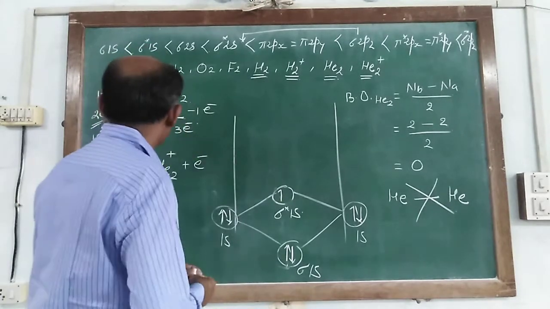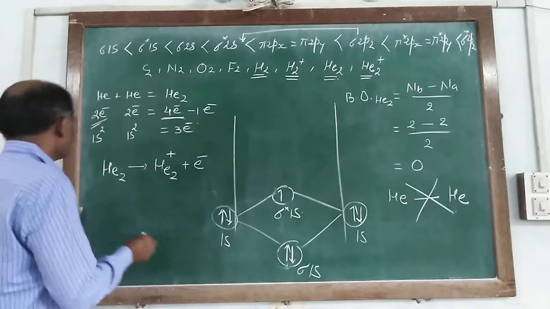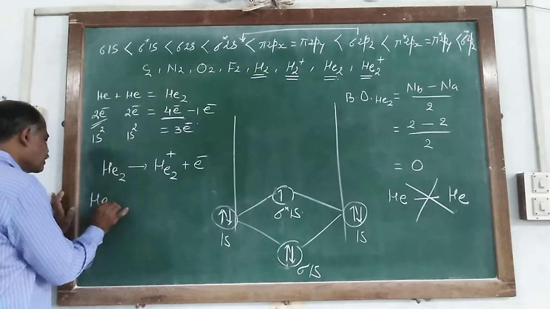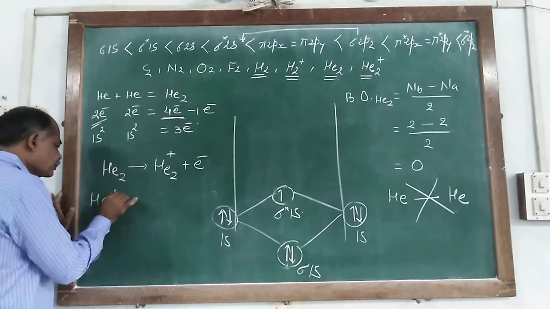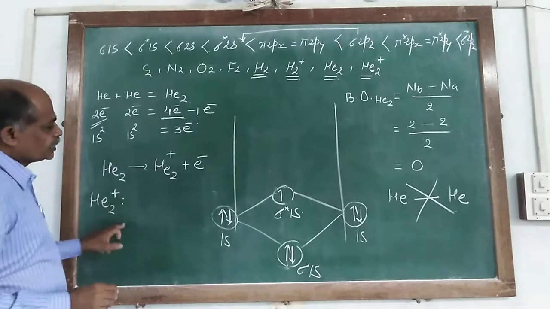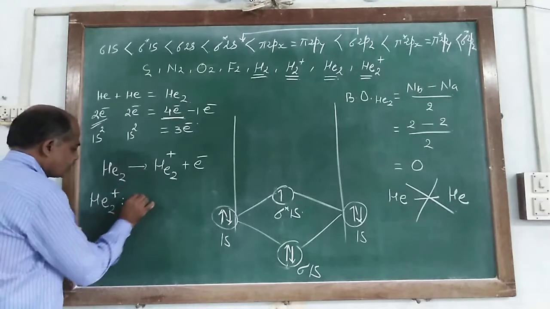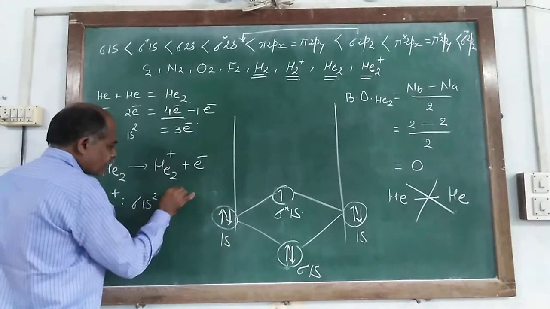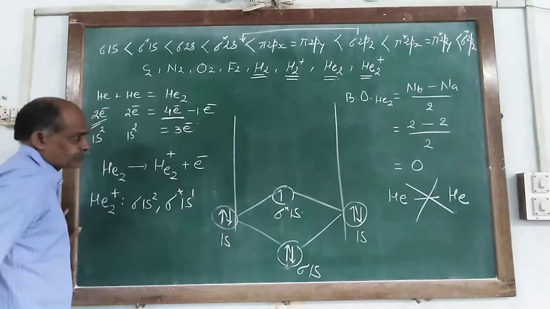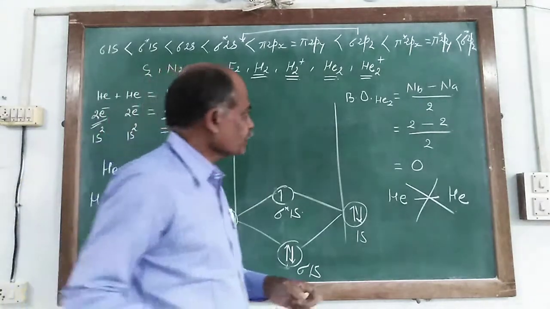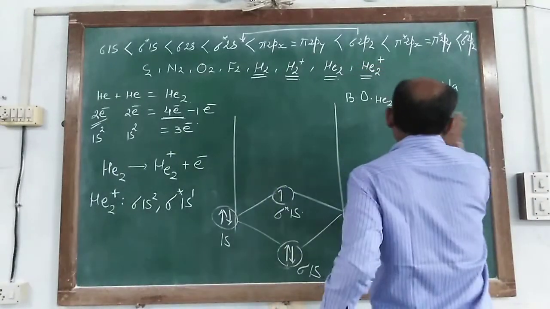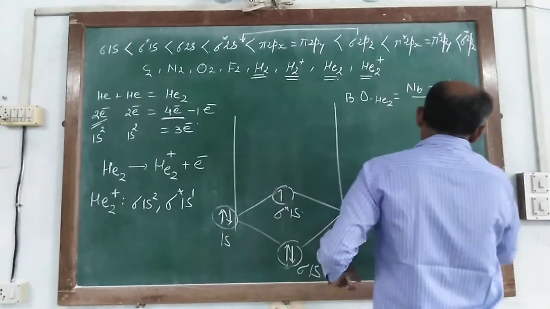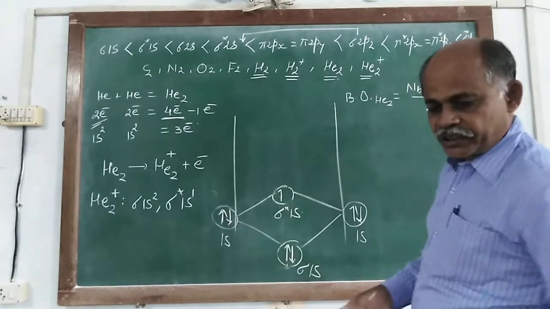Now we write the electronic configuration for the He2 positive ion. It is sigma 1s2 and sigma star 1s1. Now we calculate the bond order for the He2 plus ion.